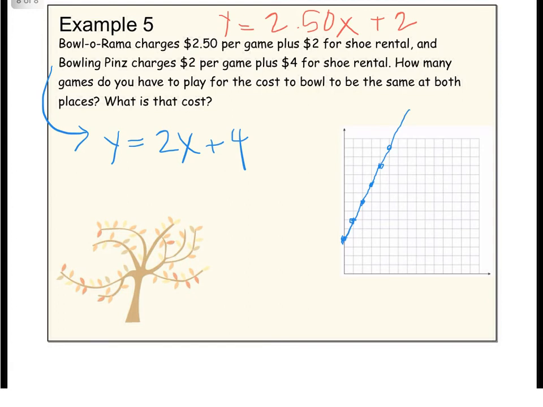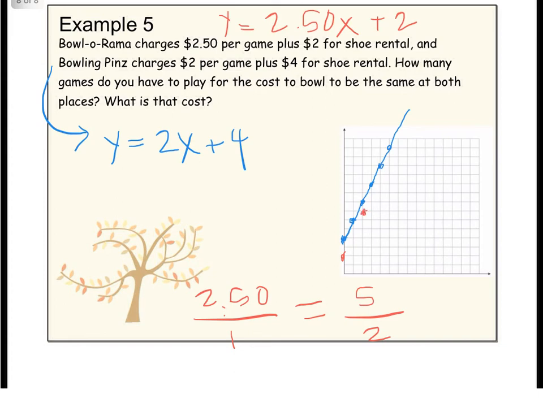Now for Bowl-O-Rama, it starts at $2, and then I have to go up 2.5 and over 1. Because that's kind of hard to do, my slope is 2.50 over 1, I can say that's the same thing as 5 over 2 to make it easier to graph. So I'm going to go up 1, 2, 3, 4, 5 over 2.